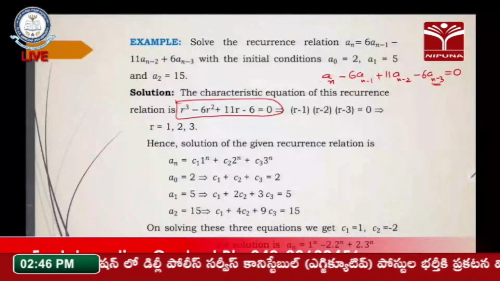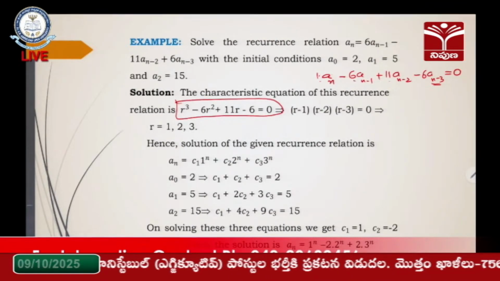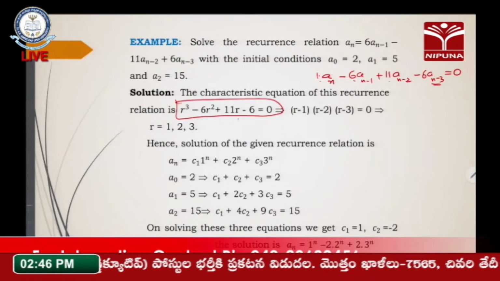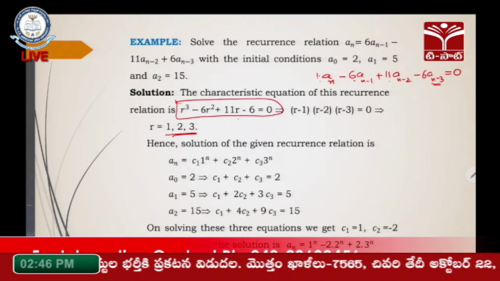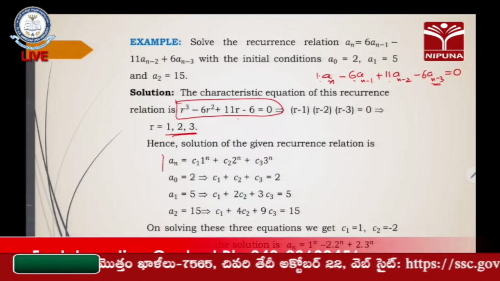This relation has n minus 3, so it is a third degree recurrence relation. So obviously the characteristic equation is r cube minus 6 r square plus 11 r minus 6 equal to 0. The roots of this cubic equation are 1, 2, 3, all distinct, right? When all are distinct, this is the solution.